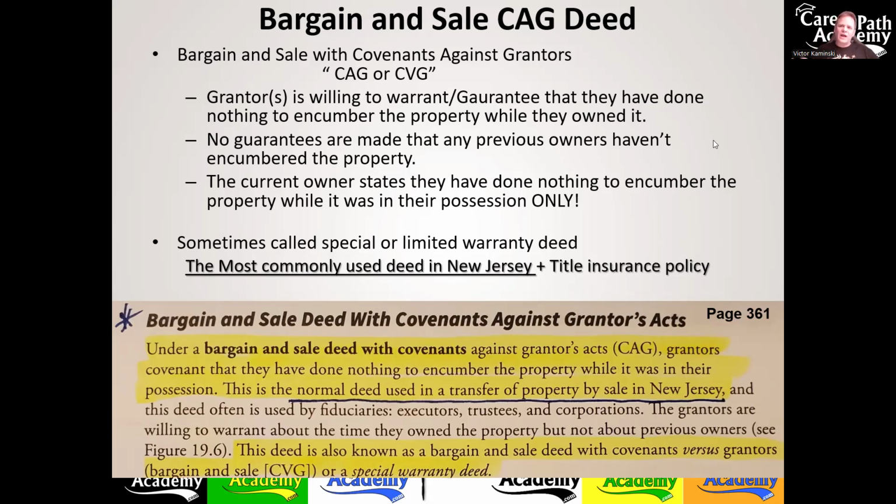I'm granting you the property, and I'm giving you covenants, those legal promises against me, for as long as I've owned it, but not for as long as anybody previous. So this is sometimes also referred to as a limited warranty or a special warranty deed. It's the most commonly used deed in New Jersey, plus title insurance.